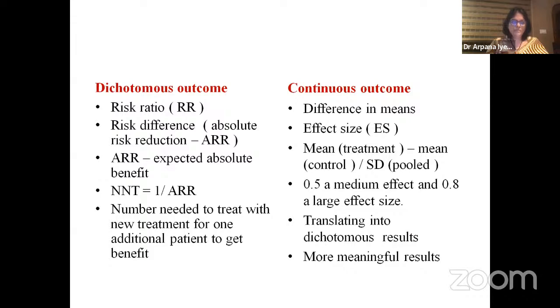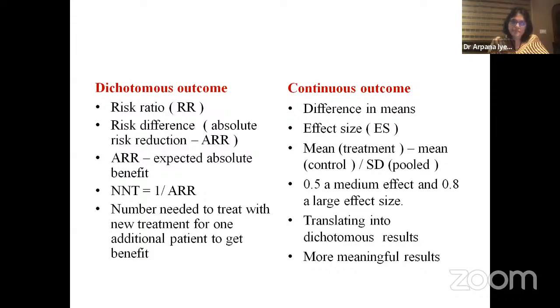As we discussed, there are two types of outcomes: dichotomous outcome and continuous outcome. Give an example of dichotomous and continuous. Yes, ma'am. Dichotomous is like in our trial, whether they have achieved 50% reduction in proteinuria or not, whether they have achieved complete remission or not. It's an event, yes or no, just like survival, whether after intervening with the drug you have lived or died.